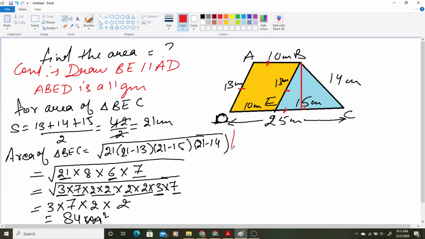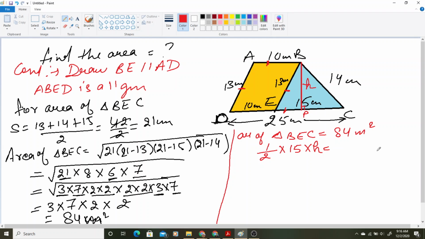Now अगर मैं फिर से एक चीज लिखता हूँ, एरिया ऑफ ट्राइंगल BEC जो हम फाइंड आउट कर चुके हैं, it is 84 meter square. So if I am writing half into base into height, what base I will be taking this time? I am taking EC, it will be 15 and height this H I will be taking as height, it will be equal to 84. So H will be equal to 84 multiplied by 2 divided by 15.